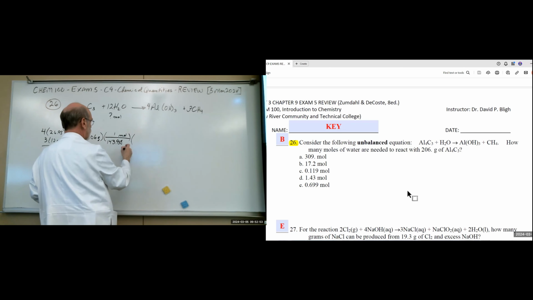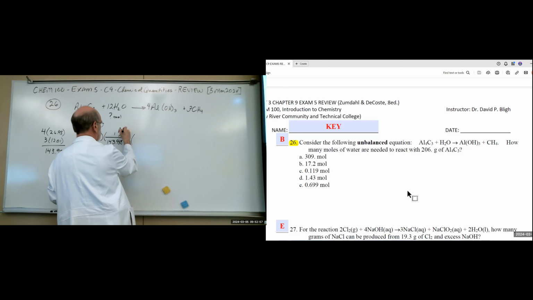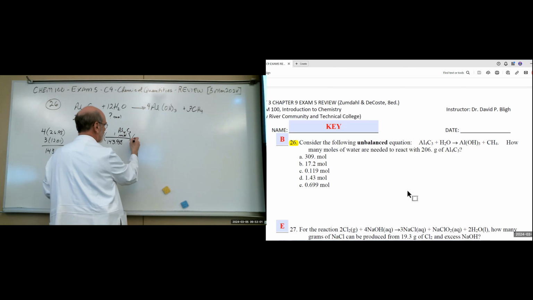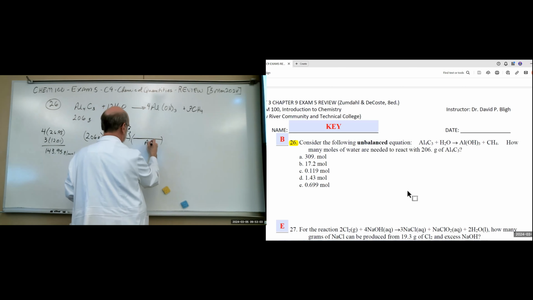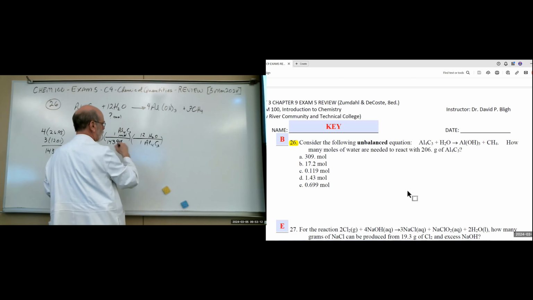Then we can convert that moles, grams cancel. This is aluminum carbide. Then we can convert aluminum carbide to water with our coefficients. We have 12 here and 1 there.